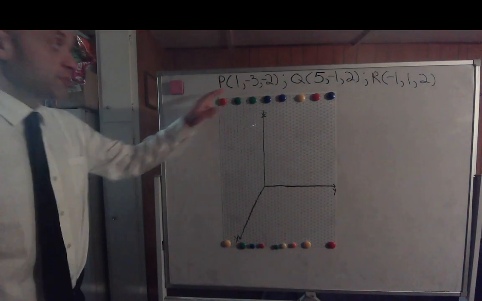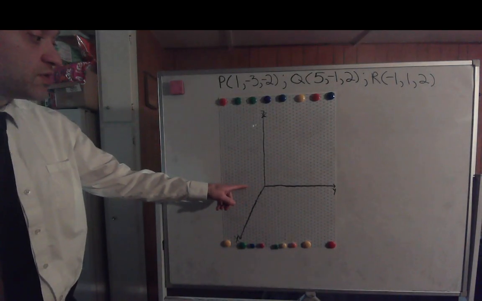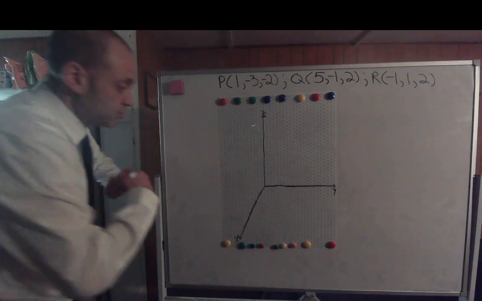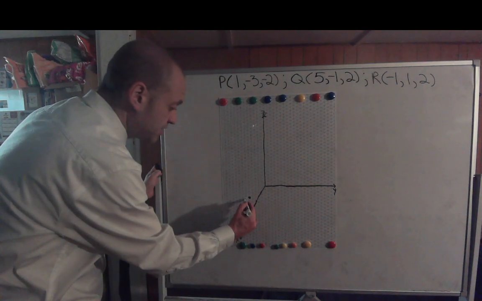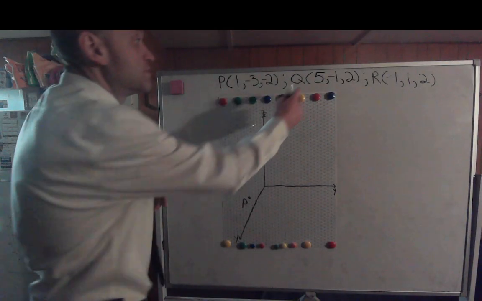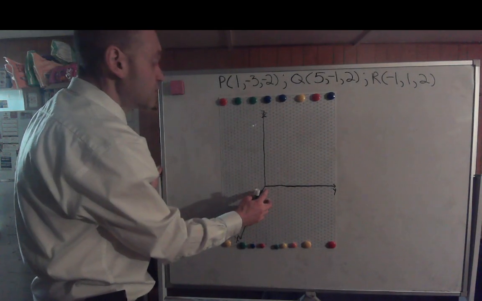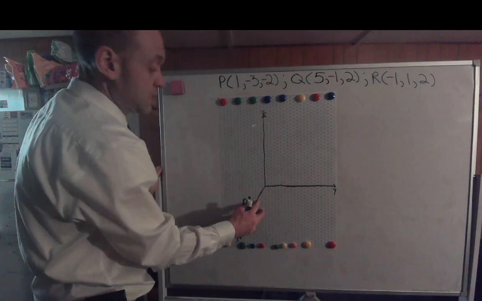Let's plot point P. So 1 on the X, 3 to the left on the Y, and then down 2 for Z would be right about there. So here's your point P. Now let's find point Q. It's 5 on the X, so right about there.